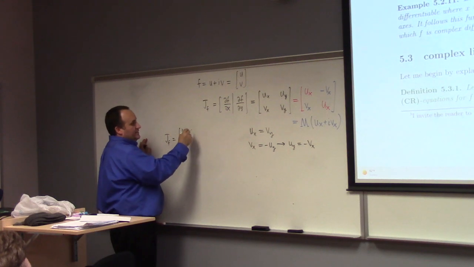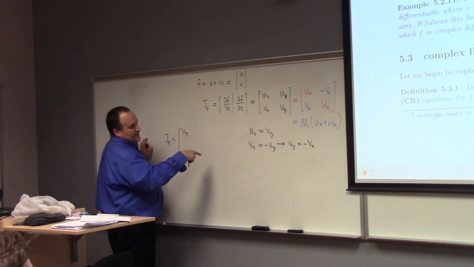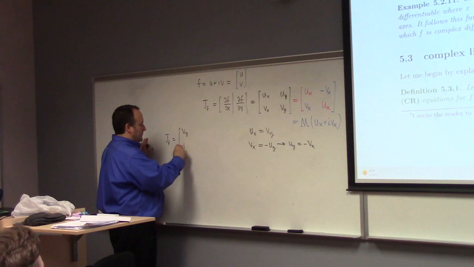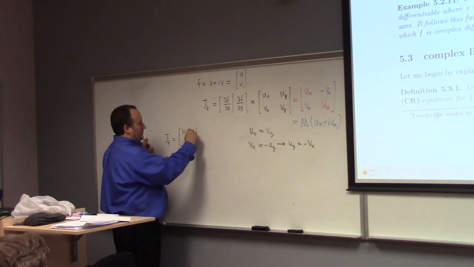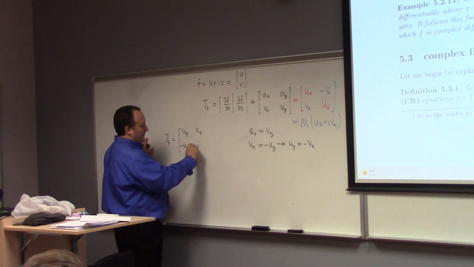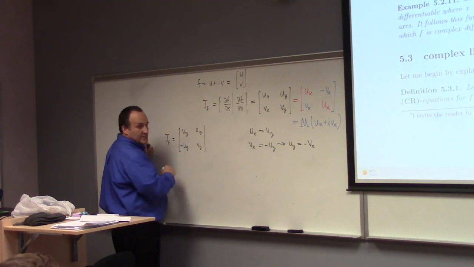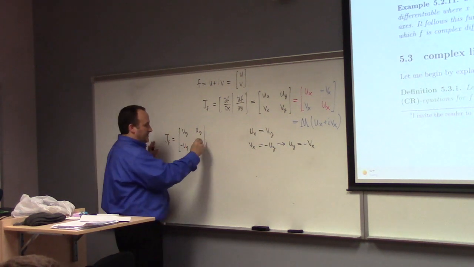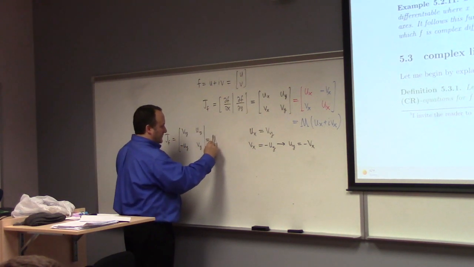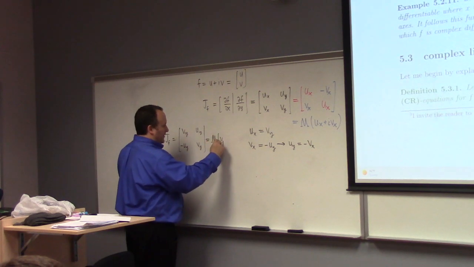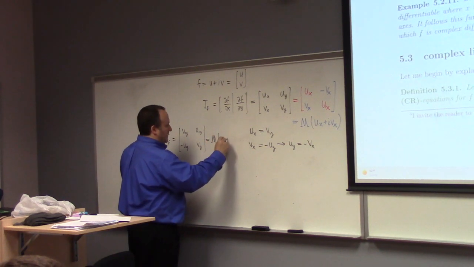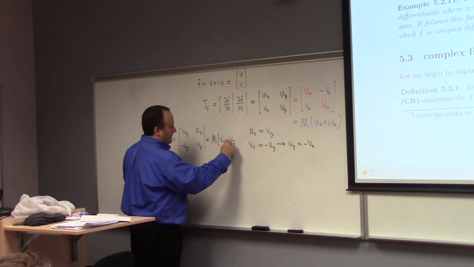So I've got vy, take my vx and replace it with minus uy. So in the matrix notation, that would be the matrix of vy minus i uy.